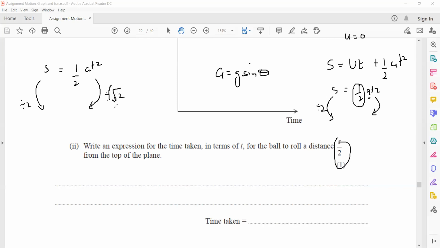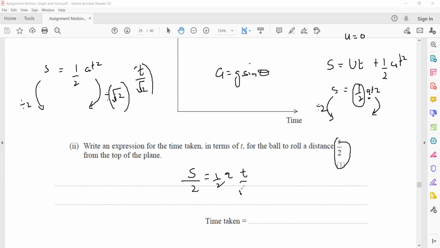So when time is divided by square root of 2, what will happen to the whole fraction? As you can see, when I substitute, if I want s by 2, it is 1 by 2a, and the time, because I want this whole factor to be half.